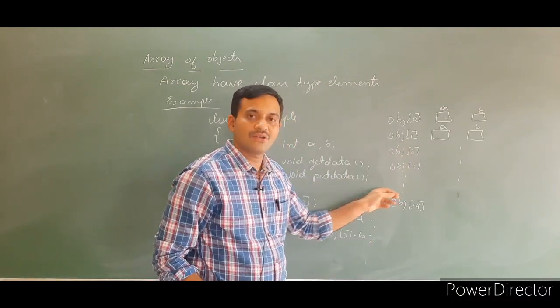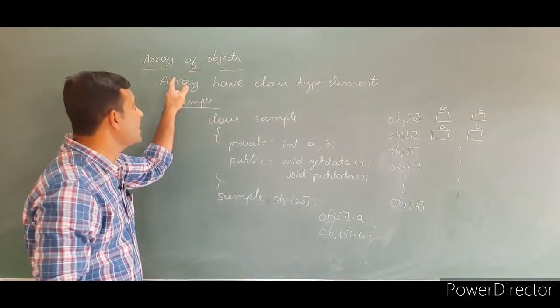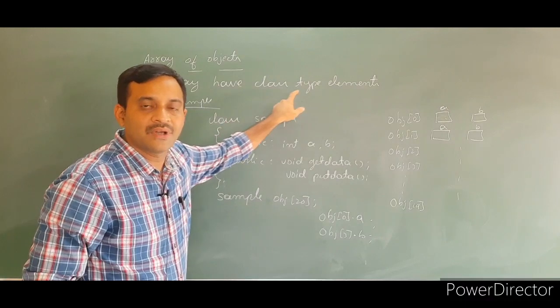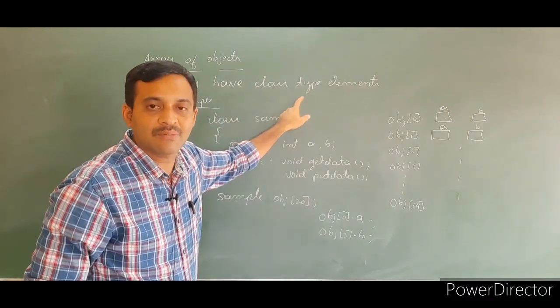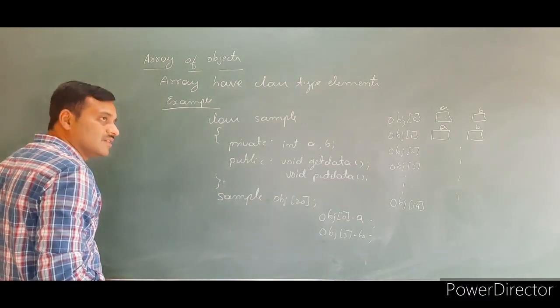All member data are uniquely stored in each object. That is the concept of array of objects: an array with class type elements. Let's discuss the same concept with the program.